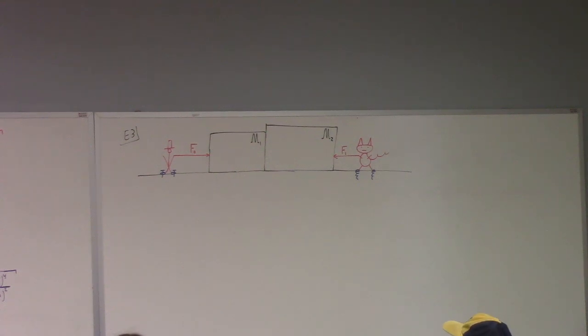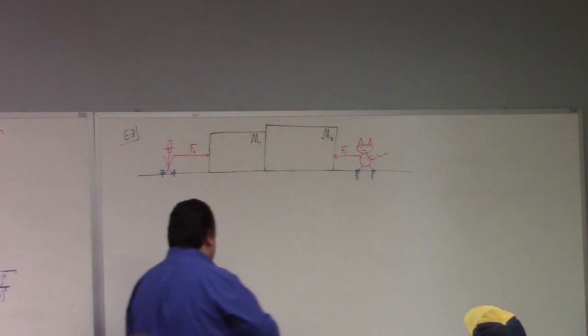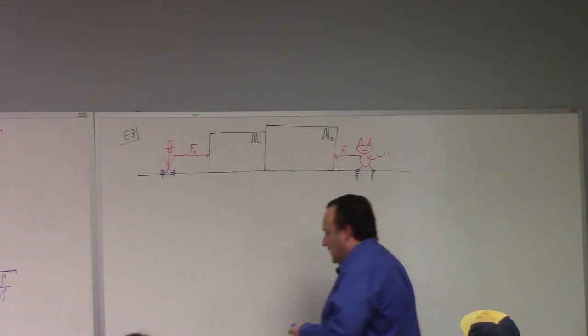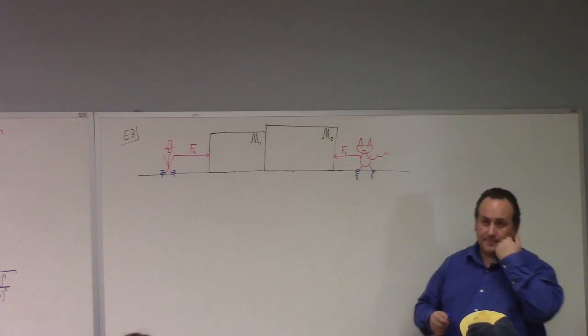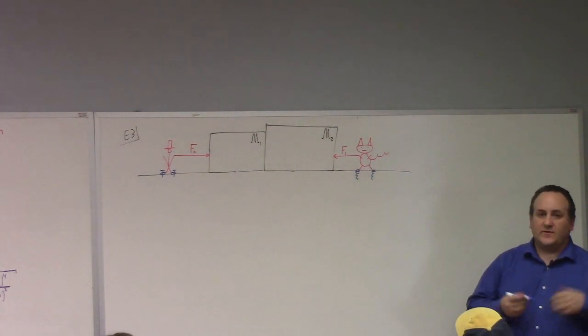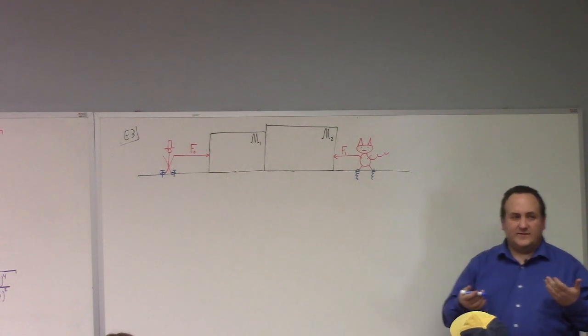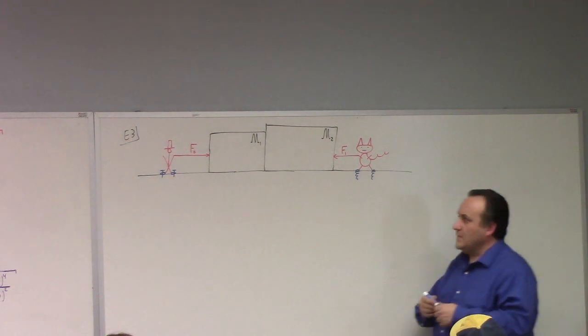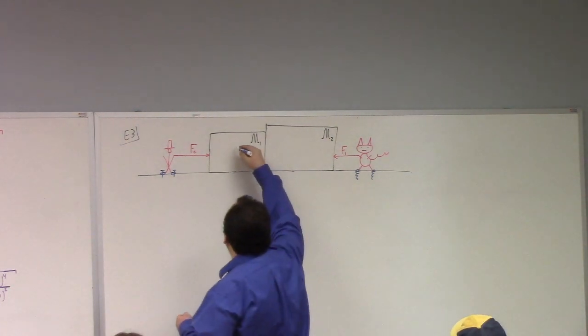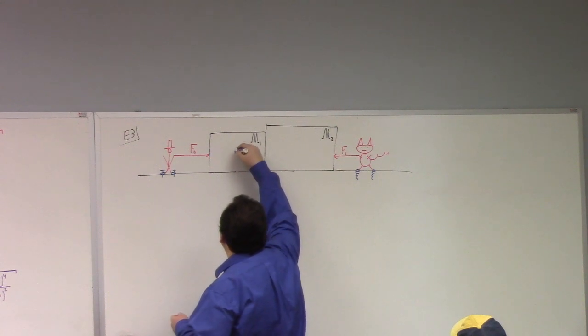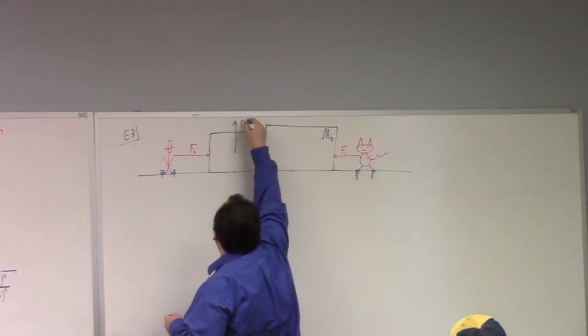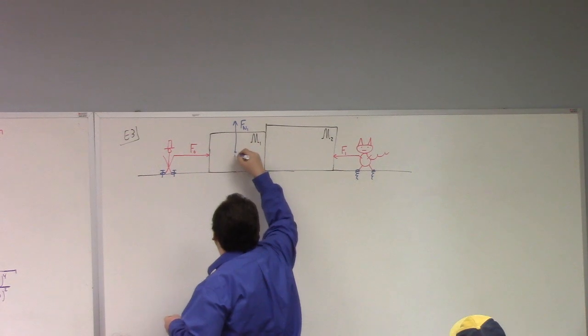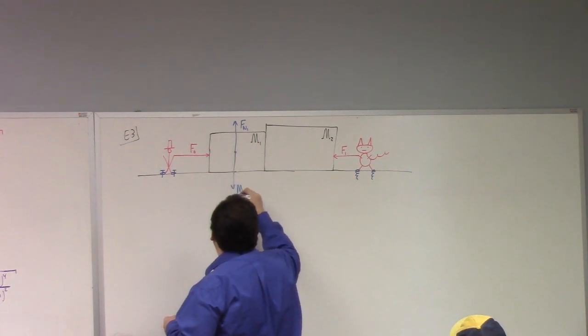All right, so the question then is what happens? There's a few different things going on. What's going on vertically is kind of uninteresting for this problem. Vertically, there's the normal force on the first one, and you've got gravity force m1g down.